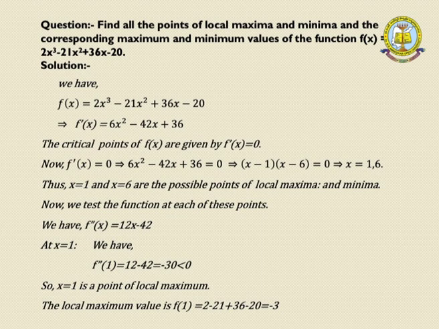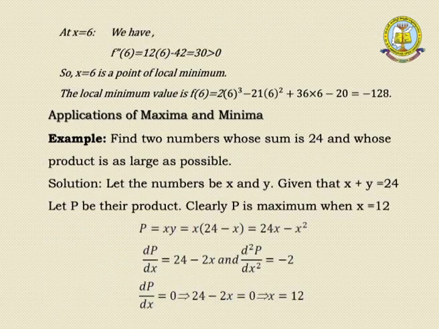Now, at 1 and 6 you find f double dash x. Find f double dash 1. You have f double dash 1 is less than 0. If f double dash 1 is less than 0, it means x equal to 1 is a point of local maximum, and find f of 1, you will get the maximum value. And at the same time find f double dash 6.